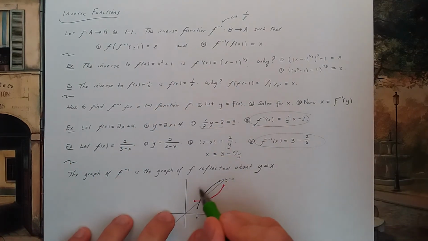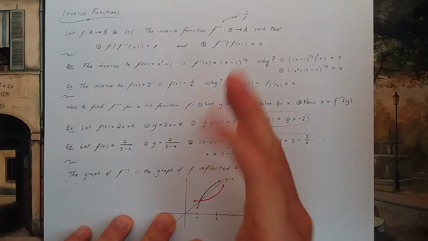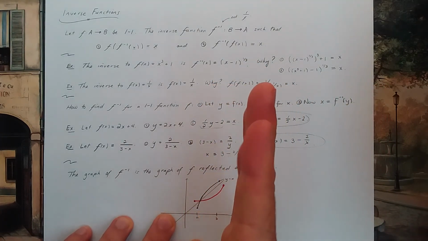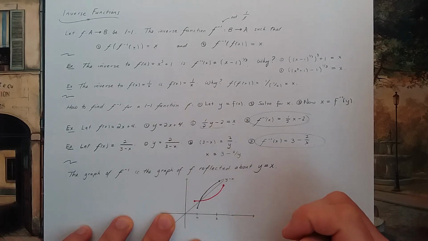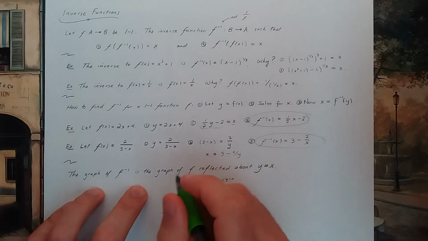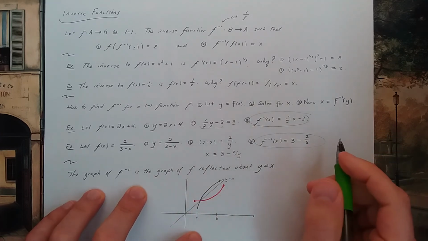If you think about this graph down here, you could see why. Every function must pass the vertical line test. So to be a function, the vertical line test must be passed. The graph must intersect each vertical line in at most one place. If your function is one-to-one, it also additionally satisfies the horizontal line test, meaning the graph intersects each horizontal line in at most one location.